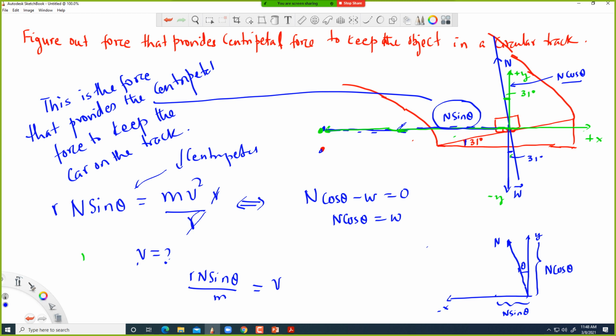What to do with that? This is the same kind of logic that we used in previous chapters also. So if we don't have n, what would you do? You would use this equation to somehow get rid of that n. So you can write n is equal to w over cosine theta, and then plug that in here, and that will give you, let's see what you get.